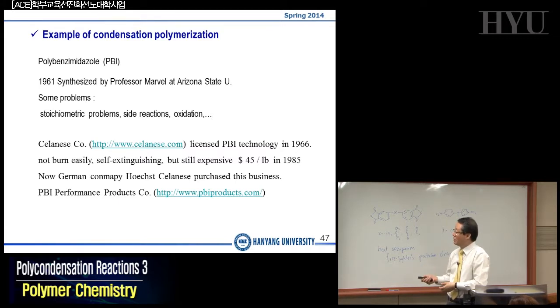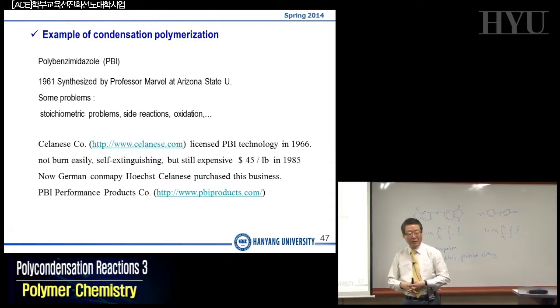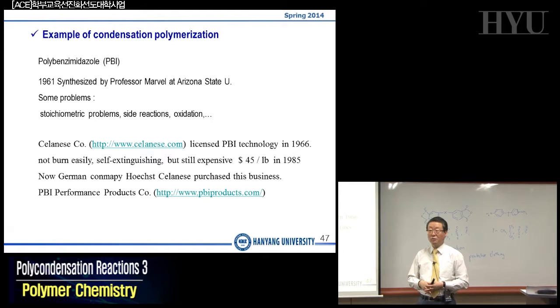But anyway, right now the German company called Fixed bought the Celanese. We have the company called PBI Performance, and you can take a look at this website and see what's going on. This PBI is widely fabricated into fiber so that protective clothing can be manufactured out of it.